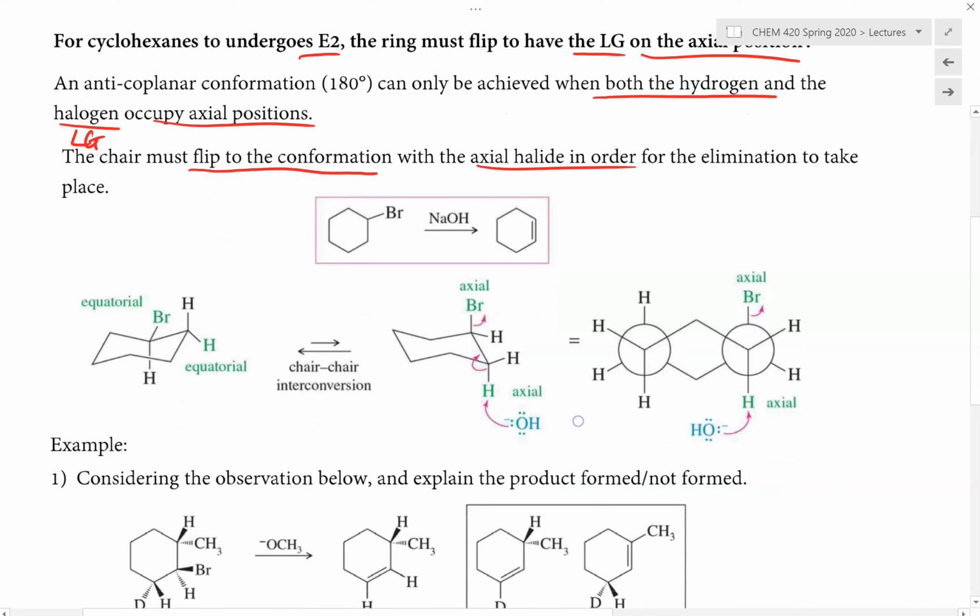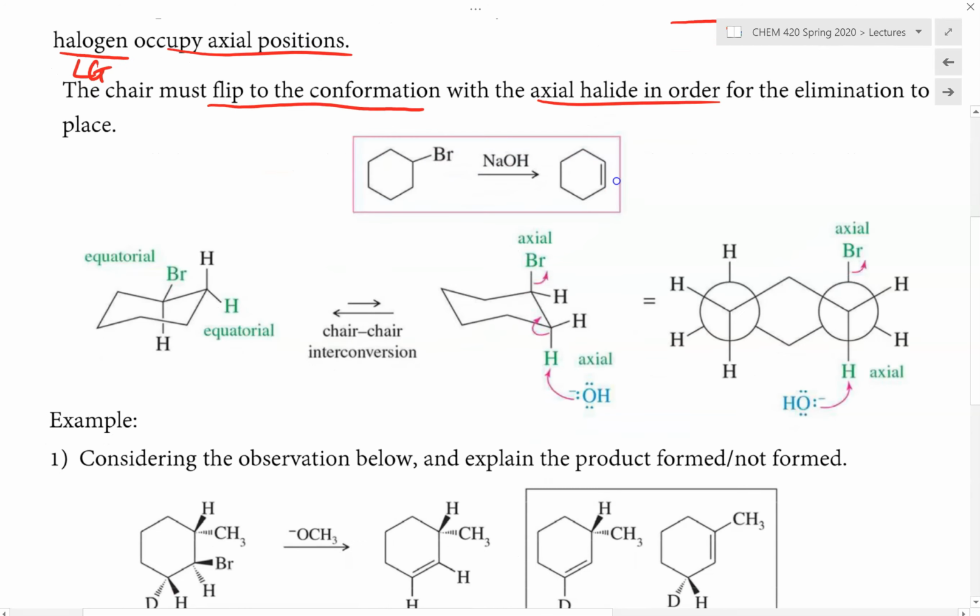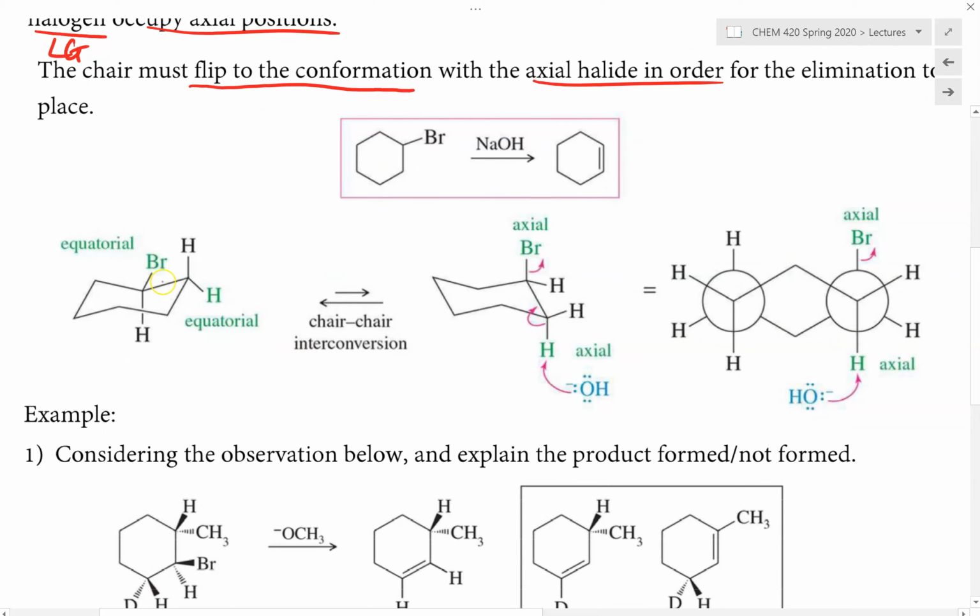For an example, when we take this bromocyclohexane and react it with sodium hydroxide, we can produce this product in here. But if we analyze this further, this is what happens. When we draw the structure of the bromine in this conformation right here, this bromine and this hydrogen are both at the equatorial position, which cannot undergo elimination.